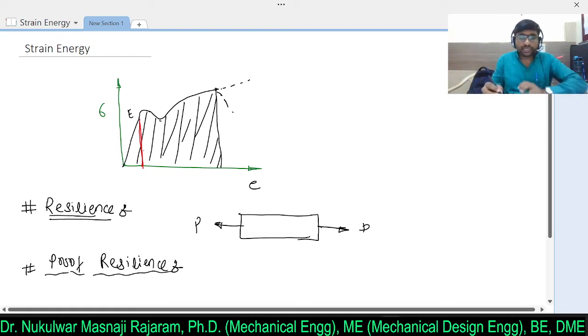Up to that elastic limit point, whatever the stored energy is, that stored energy or that region we can call proof resilience.